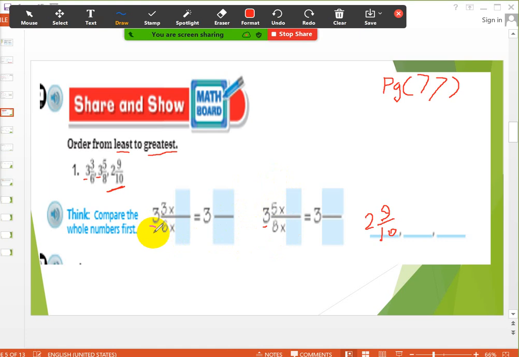So I have to compare between the fraction parts, okay? So the fraction part here is 3 over 6, here 5 over 8. So to compare between two fractions, I have to make what? The denominator the same or numerator the same. I told you that the easiest choice is to make denominators the same.